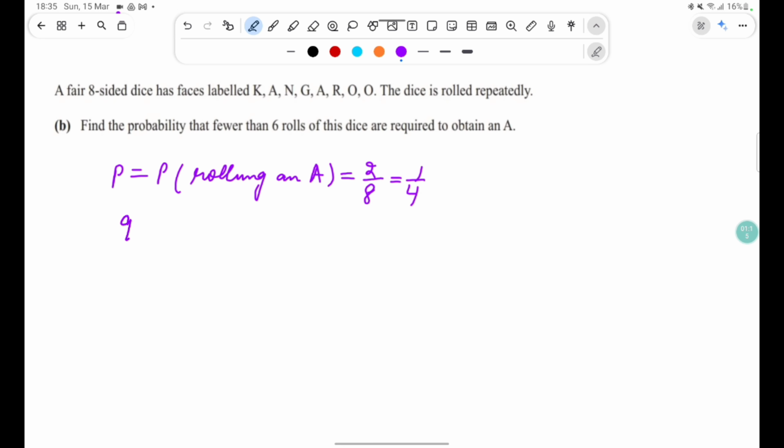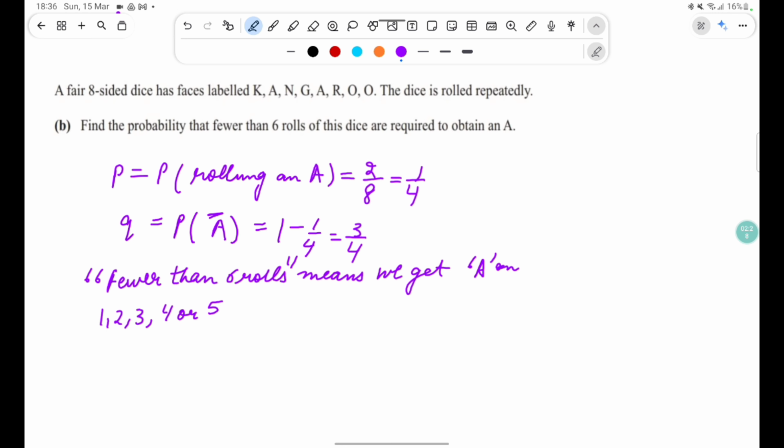Now Q denotes the probability of not rolling an A. So this is 1 minus 1 by 4, which is 3 by 4. Now fewer than 6 rolls means that we get A on roll 1, 2, 3, 4 or 5. This is equivalent to saying that we don't fail 5 times in a row.